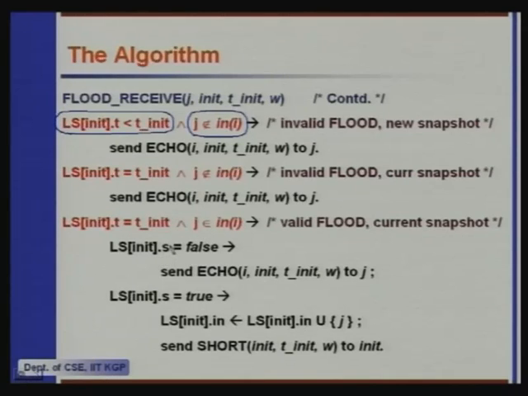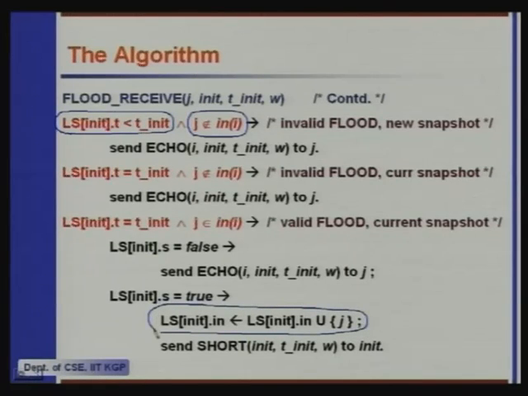Now, it checks its state. If its state is false, that is it is not blocked anymore, it sends an echo, right. And if it is still blocked, then what is it going to do? It will add J to its set of inward dependencies.